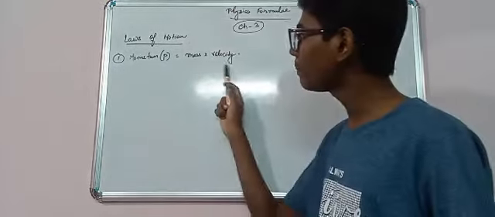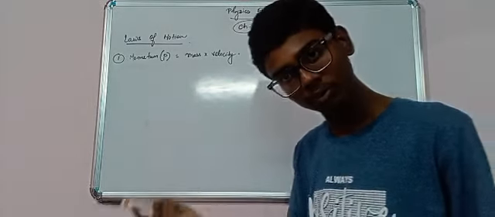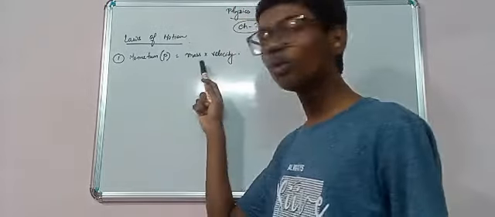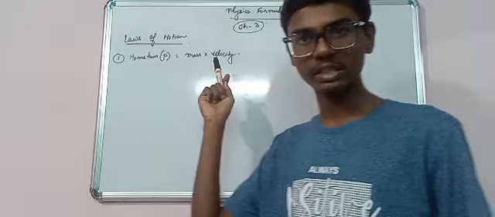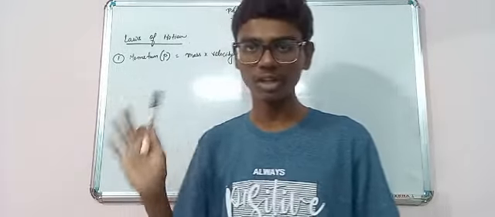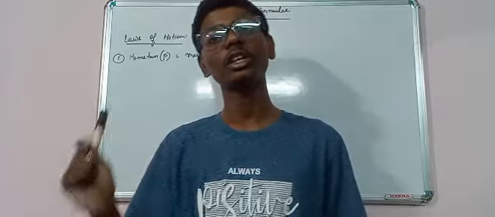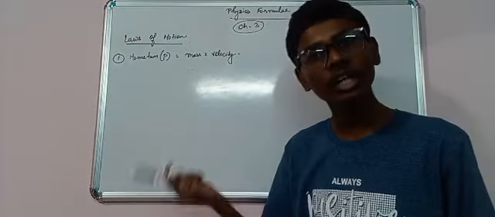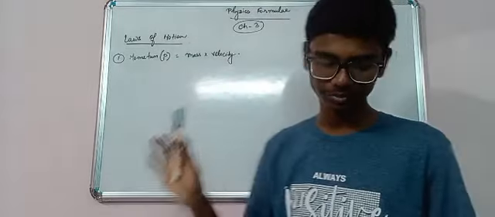That depends on the mass of the body and the velocity with which the body is moving. Because the more the mass, the more the inertia, right? And if it possesses some amount of velocity, that means it is in inertia of motion. So momentum is the product of mass into velocity.